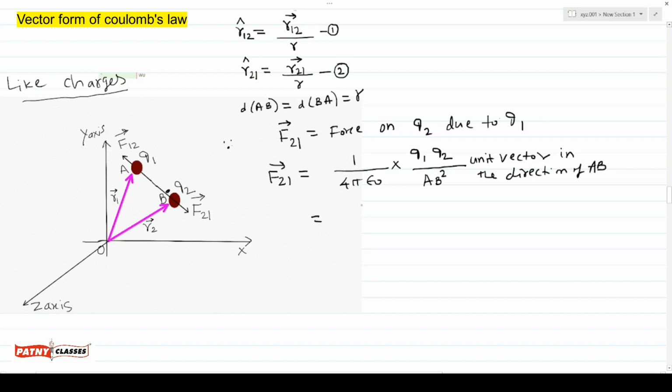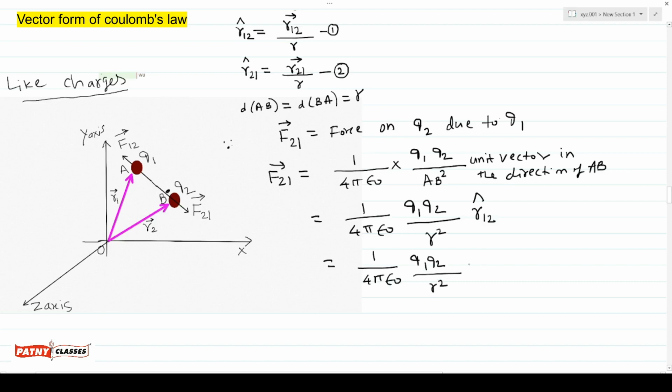That equals 1 upon 4 pi epsilon naught Q1 Q2 upon R square, since AB is nothing but R, multiplied by R12 cap.